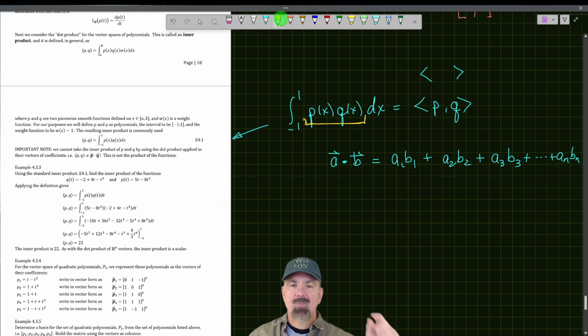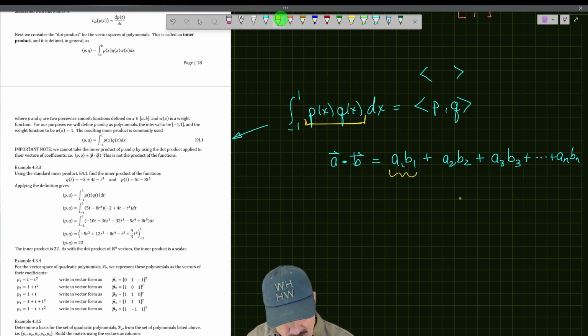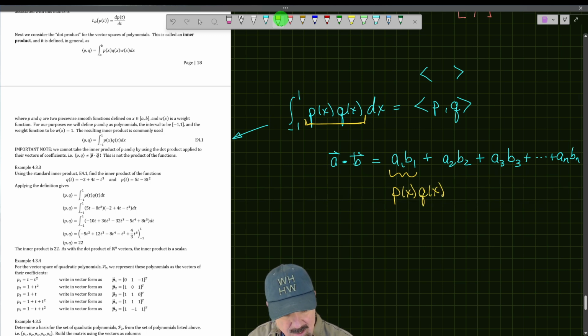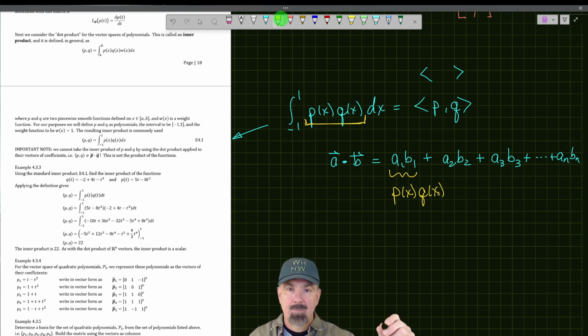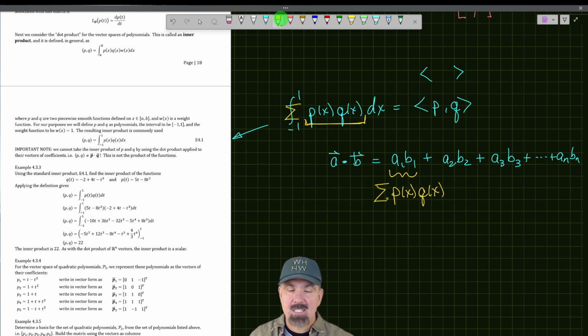For every x, I'm taking the two functions at that spot and multiplying them together. So for every x value, I'm generating a p of x times q of x. And that's happening for each x value between -1 and 1. And then what are we doing? We're integrating, but integration is just the summation. And so we're just adding all of these up. Except we're adding an infinite number of values, and that's why we're integrating.